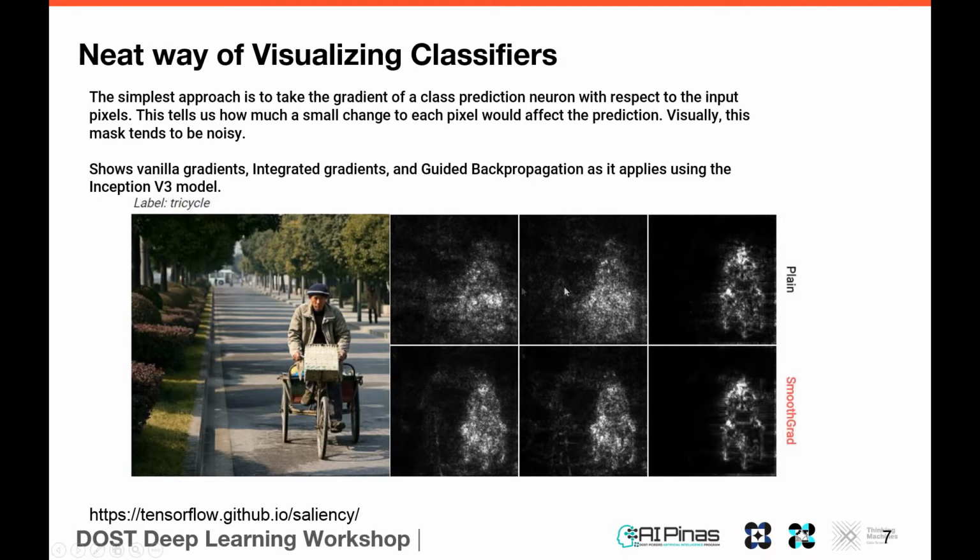So this is a couple of different methodologies. This one gets to the point where it's really good. This is how a human would have interpreted the image as well, by looking at this picture and recognizing that it is the focus of the image.